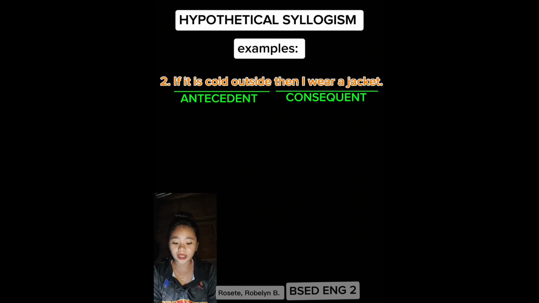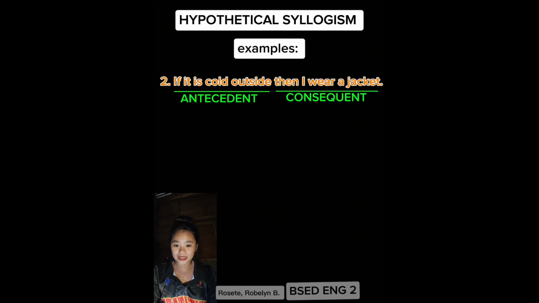Like I said earlier, the antecedent is something that goes before, while the consequent is something that goes after. To make it clearer, always remember that once you see the word "if," that is the antecedent, and what follows with "then" is the consequence, so you won't get confused.